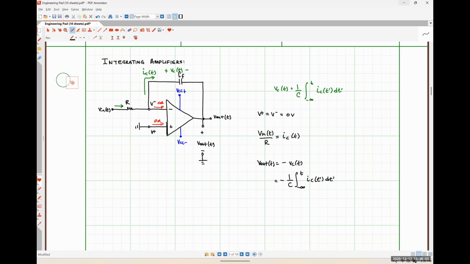And now I'm just going to substitute in my relationship for IC of T. So since that resistor is a constant, I can pull that out of my integral, leaving me with negative 1 over R times C sub F times the integral from negative infinity to T of Vn, like so. So our output signal is a scaled version of the integral of our input signal, but we also have a change in polarity.